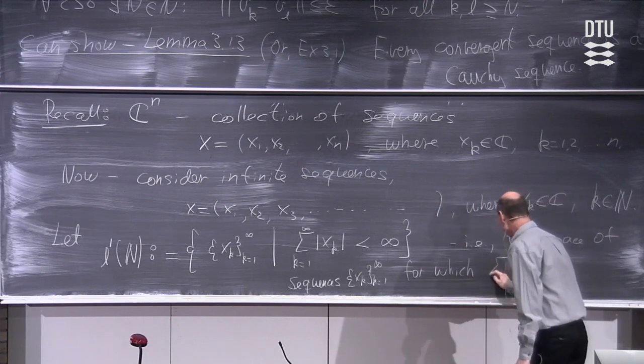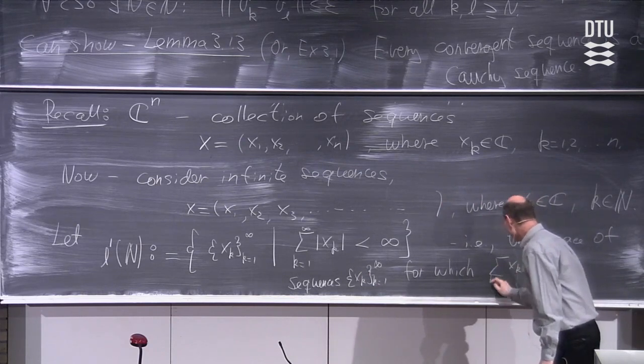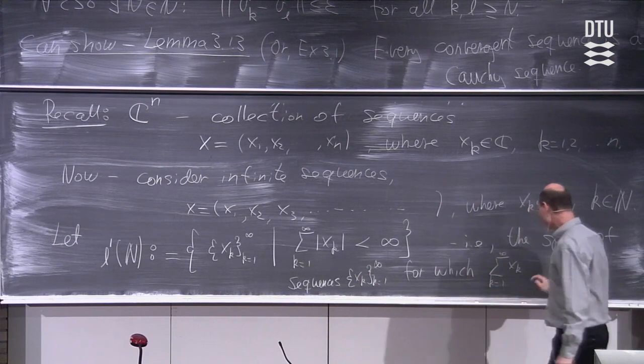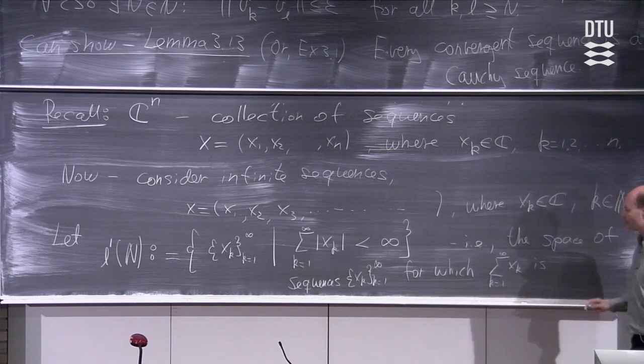So this is the space of sequences xk, k equal to 1 to infinity, that are absolutely convergent.